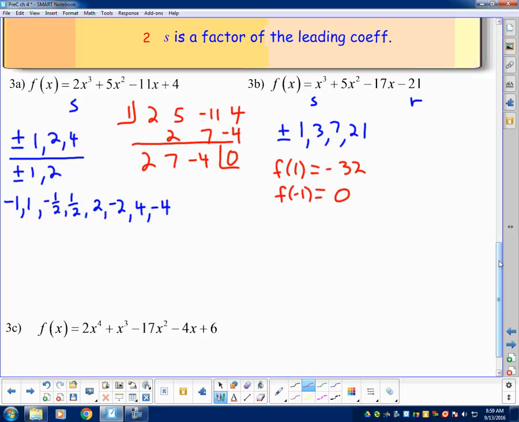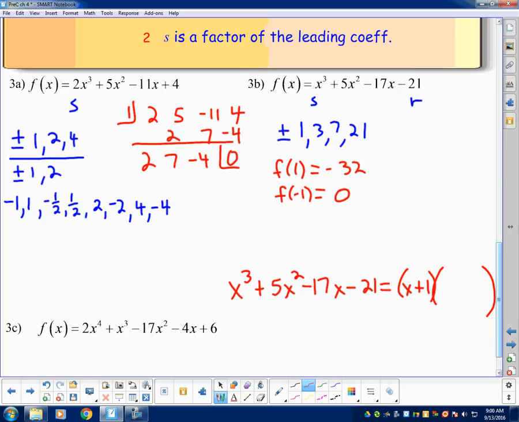That means x plus 1 is a factor. We're still going to have to do synthetic division because we need to know what quadratic is left over afterwards. So here's what I know so far. I've got x cubed plus 5x squared minus 17x minus 21 equals x plus 1 times something. Let's find that something using synthetic division.